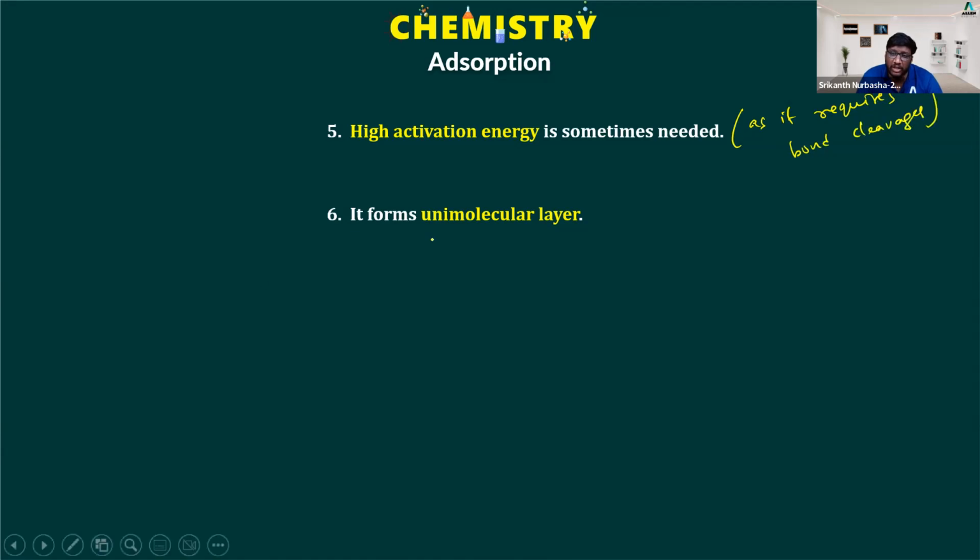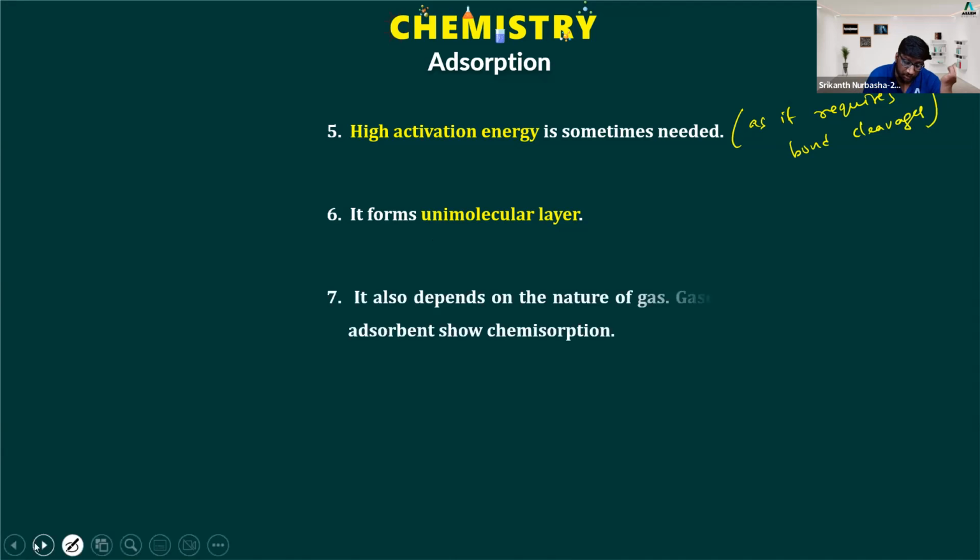It forms a unimolecular layer because orbital overlapping has been occurring. It also depends upon the nature of gas. Gases which can react with adsorbents show chemisorption.